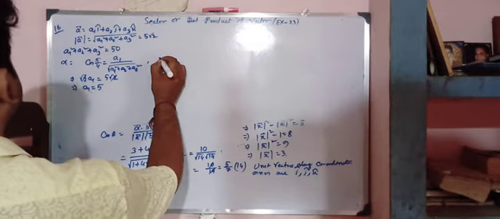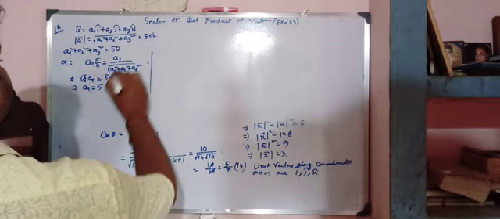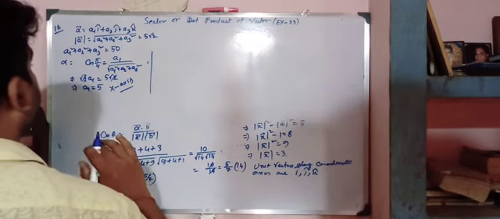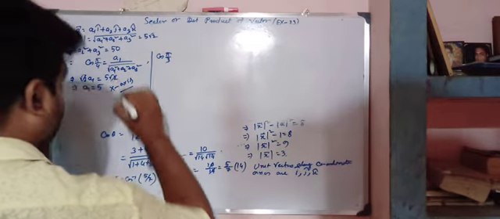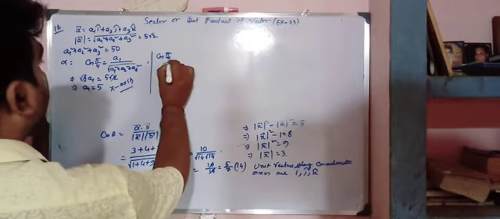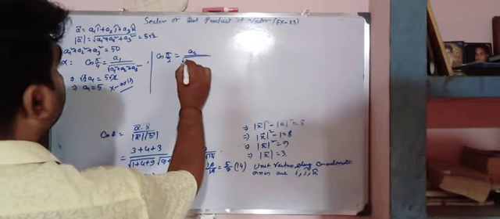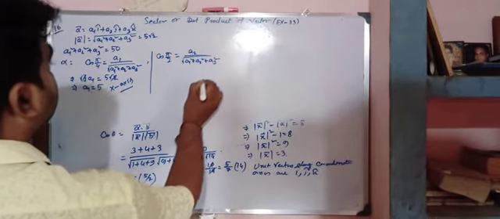Similarly, this is for the x axis. Next, considering the y axis. It makes pi by 2 angle with the y axis, that means A2 by root over A1 square plus A2 square plus A3 square.